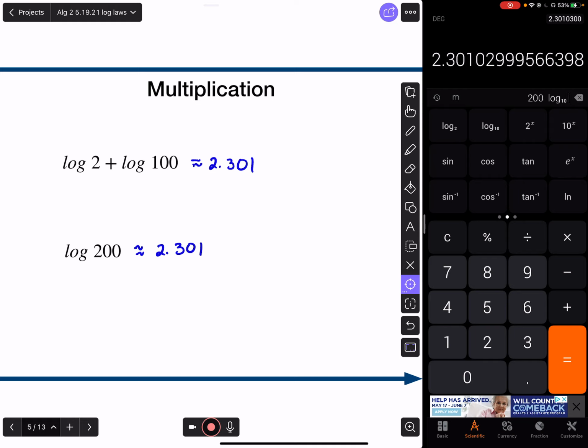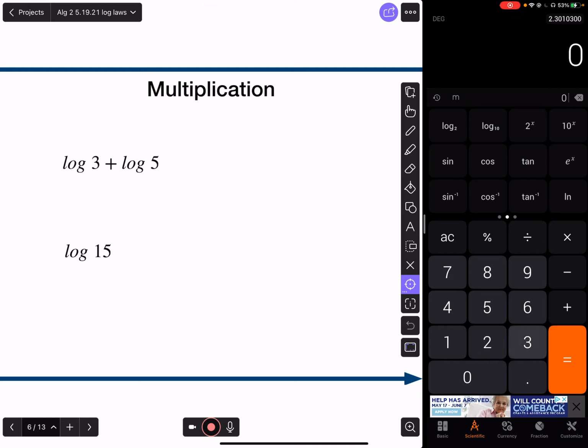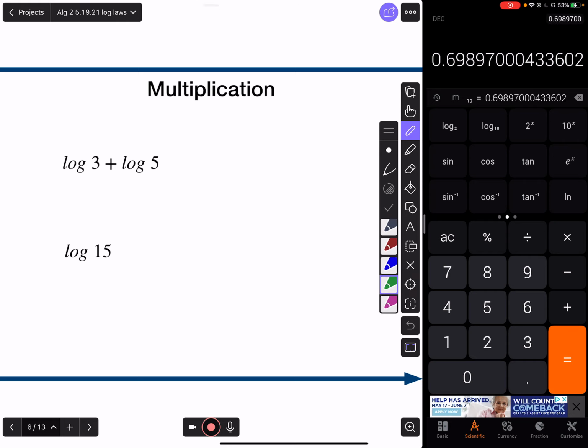Obviously I chose these two for a reason. Look at the outcome. There must be some relationship between log 2 plus log 100 and log 200. Let's look at another numerical example to see if it works again. This time we have log 3 plus log 5. It comes out to about 1.176, and then we'll do the log of 15.